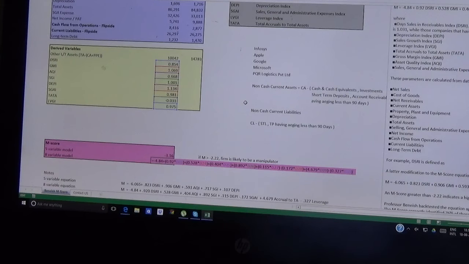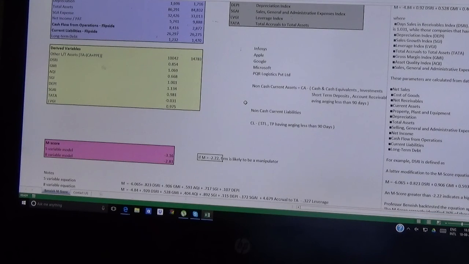Now the purpose is extremely simple: if M, which is the M-score, is greater than minus 2.22, then it is likely to be a manipulator. But as we suggested early in this video, sometimes you might get a number wherein it seems manipulative in nature, but technically it is not.